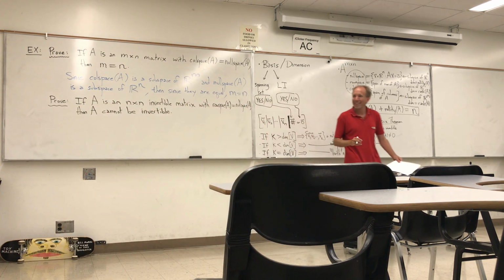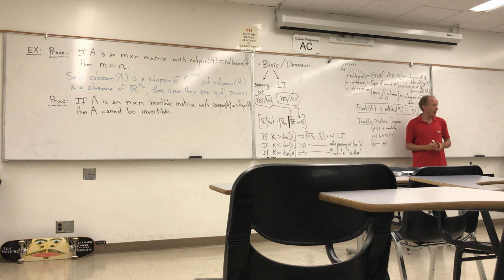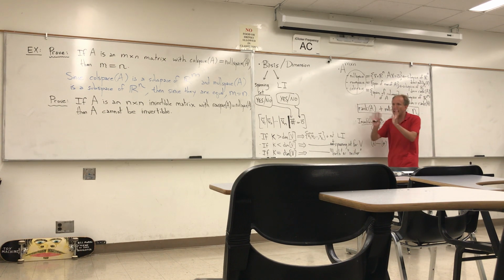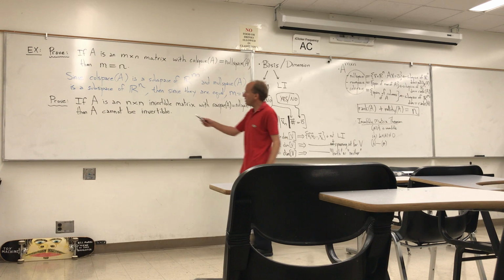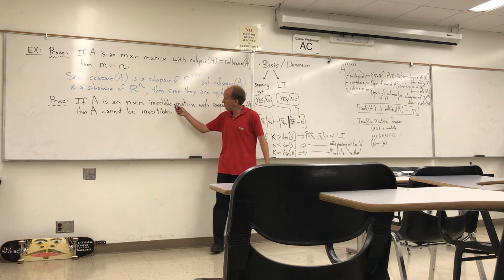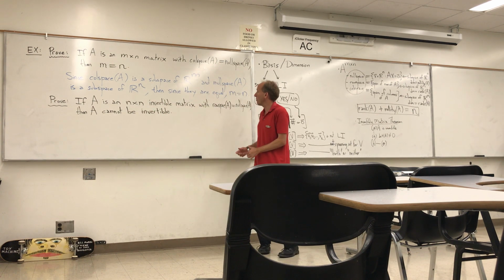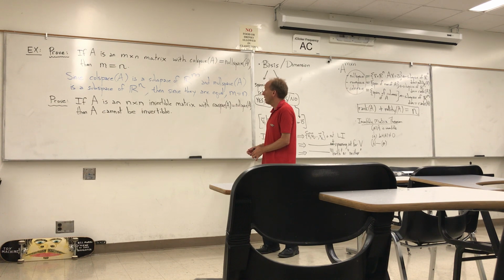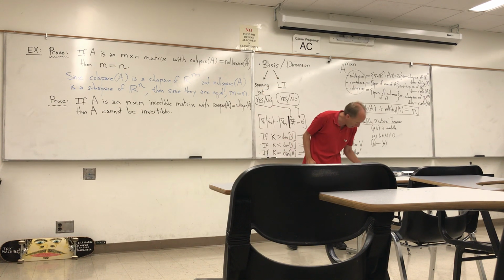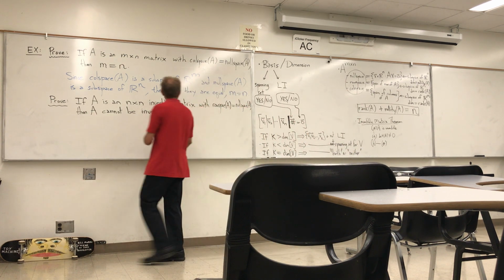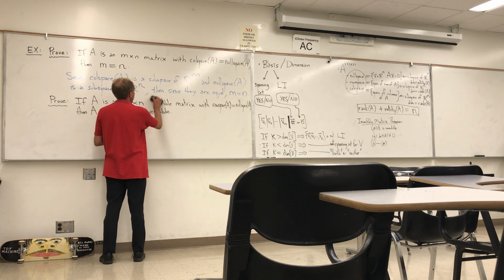Isn't that interesting? So this time it's a square matrix. So we don't have the difference between the m and the n. It's a square size, and I'm going to assume that the matrix, oh, I wrote something wrong. Hold on. I miswrote it. Sorry. Take out the word invertible here.